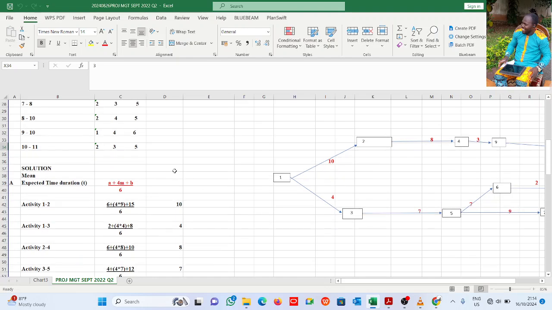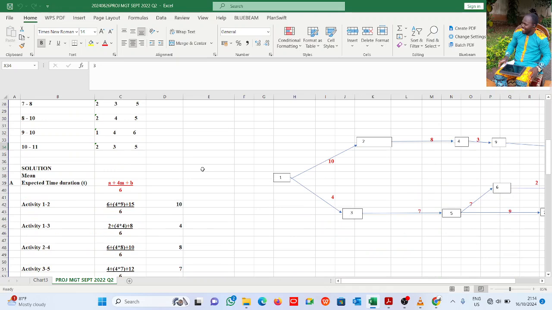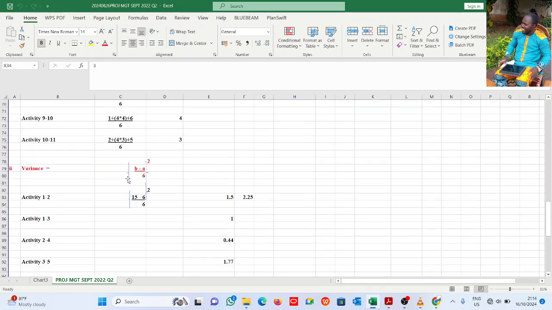So to calculate the variance, which is the next question, of course, mean and variance, right? Now the variance has a formula also. Variance is the pessimistic time minus the optimistic time, divided by 6, everything squared. Now this is what I did here.